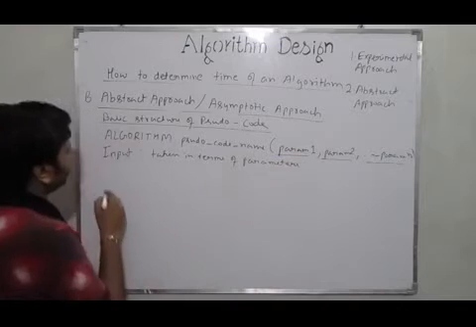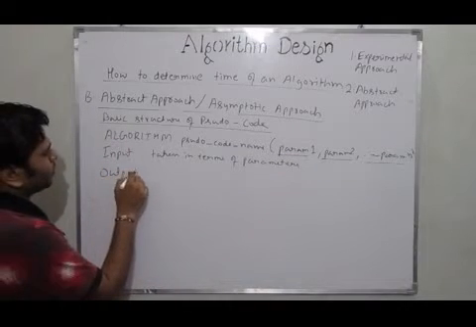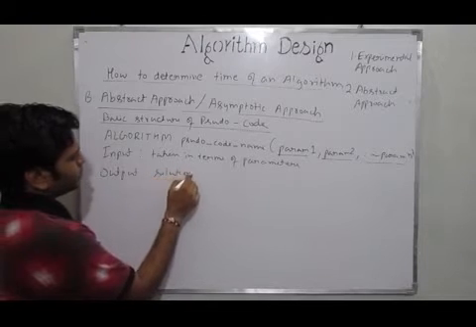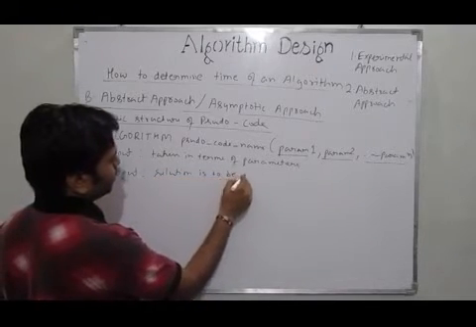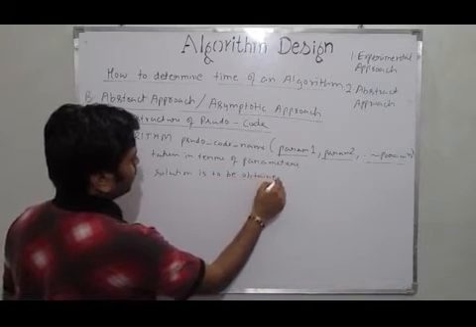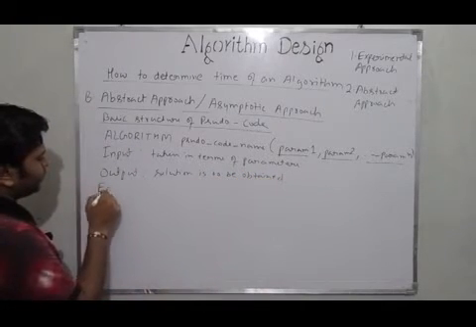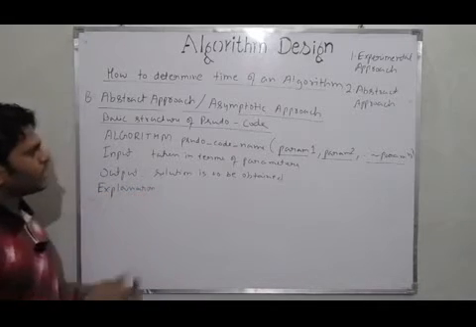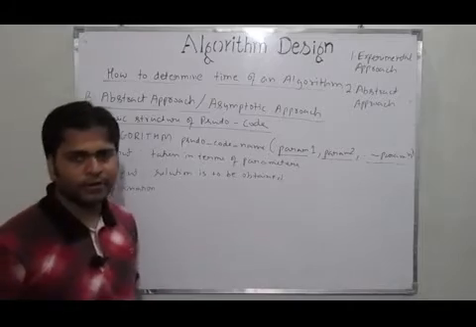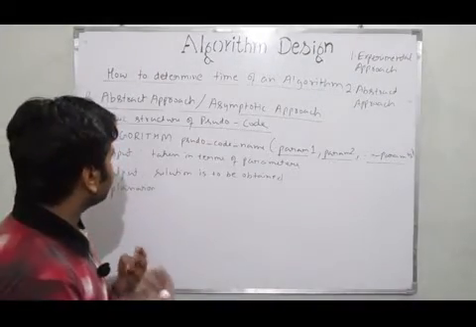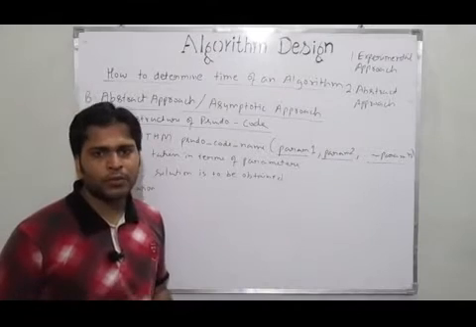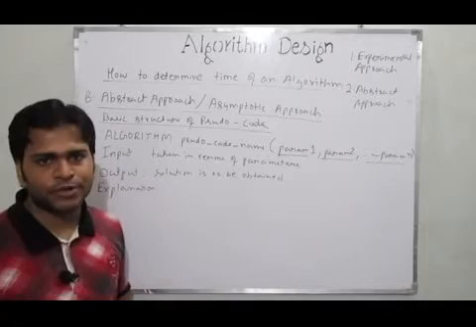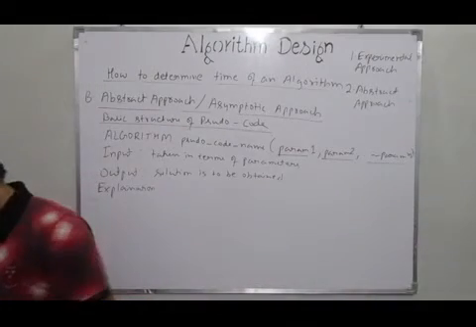Then we have to determine the output as a solution, and what solution is to be obtained. And finally we have to include the explanation part. So that is the basic structure of pseudocode. Now let us write a simple pseudocode to understand how we can determine the complexity using the asymptotic or the abstract approach.